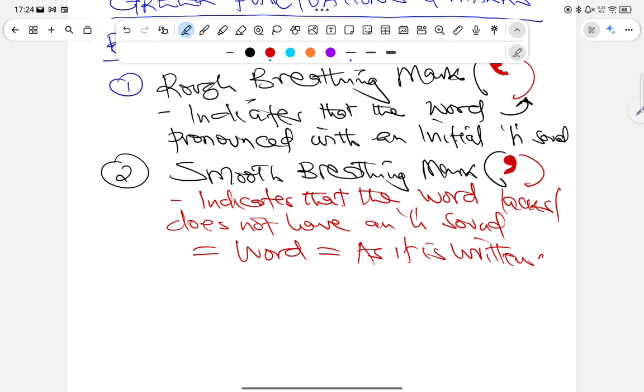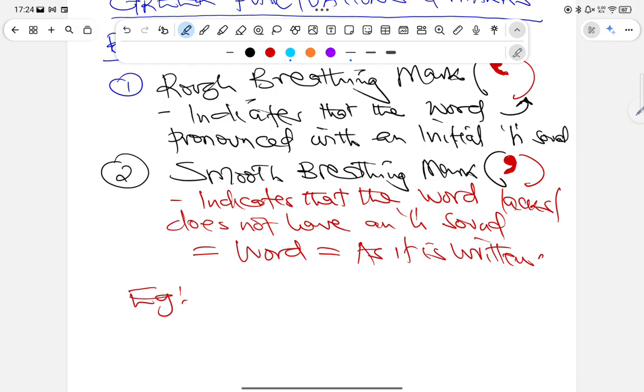Now here are examples of how the rough breathing mark and the smooth breathing mark appear.